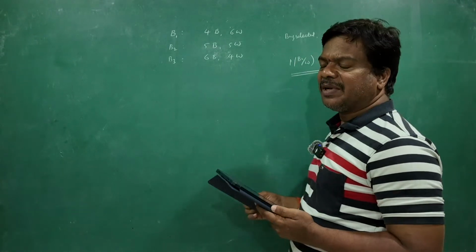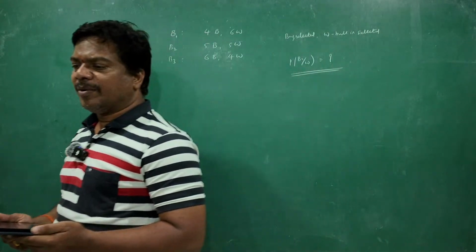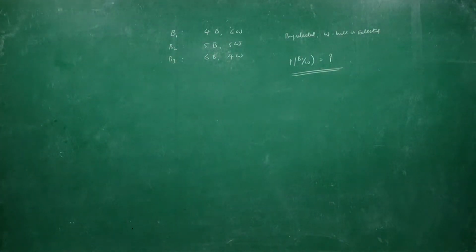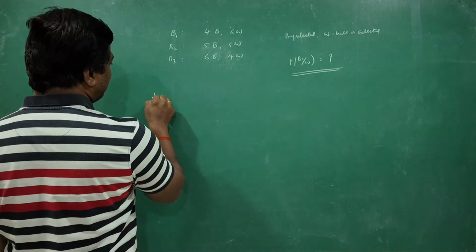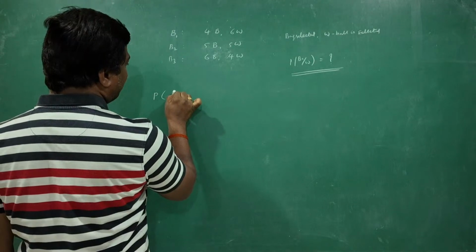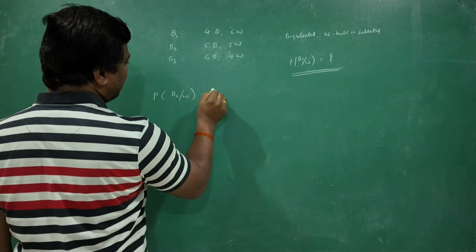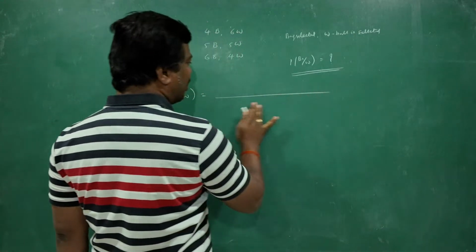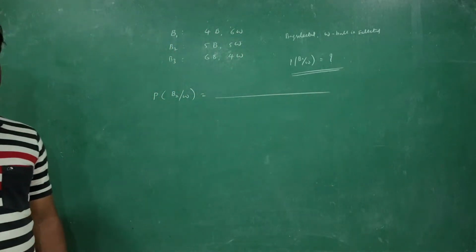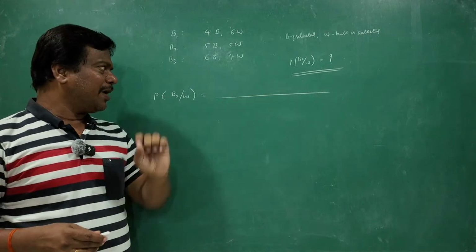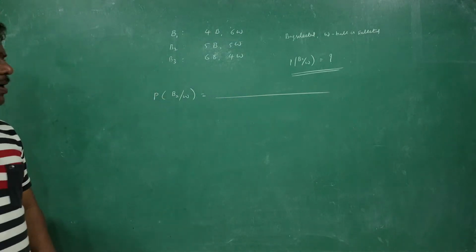So Bayes theorem is nothing but the inverse of probability. I am going to write the definition of Bayes theorem. By using the definition of Bayes theorem, I am going to write the result. See, the total outcomes you have to write in the denominator part and the favorable outcome in the numerator part. That gives the probability.